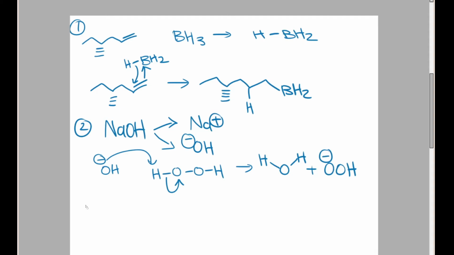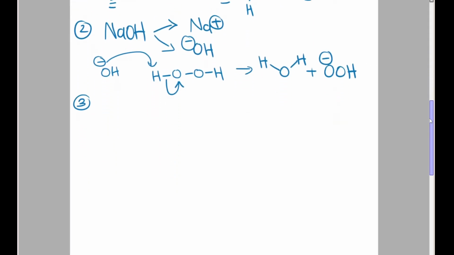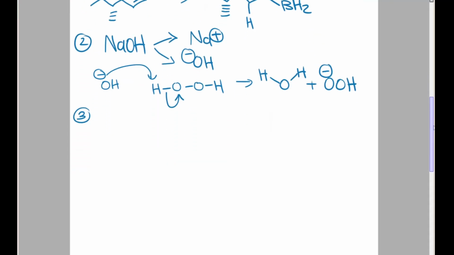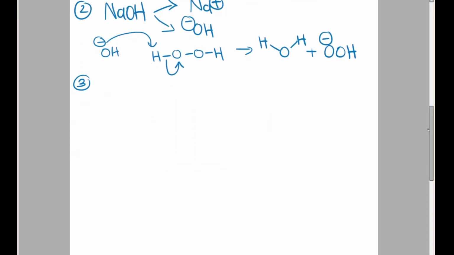And then the third step in this mechanism would be that the OOH minus attacks the boron from this byproduct up at the beginning. And technically it's going to be NaOOH, but since it's an ionic bond, we don't really care about the Na plus.